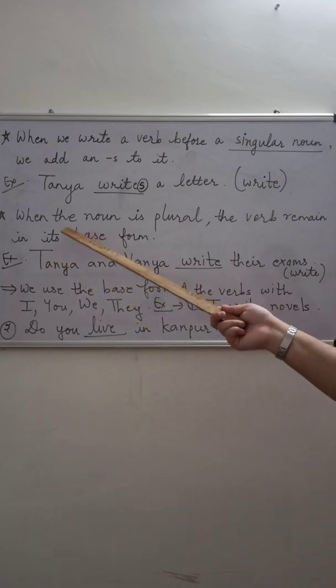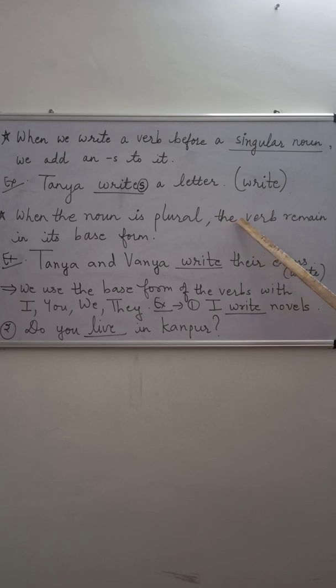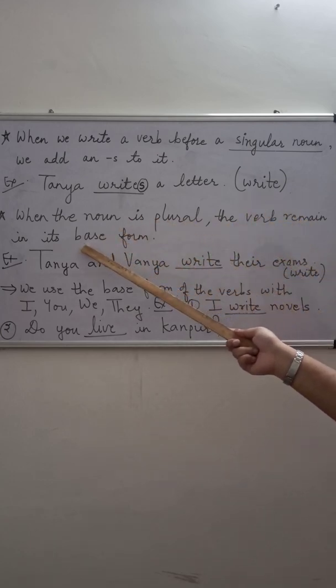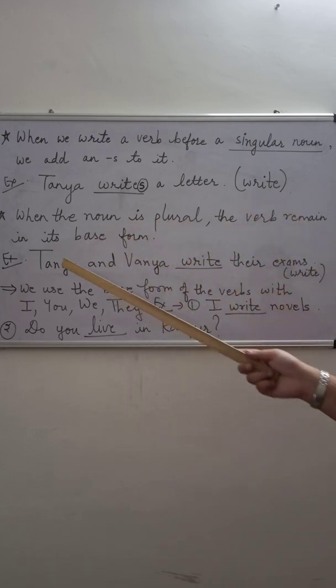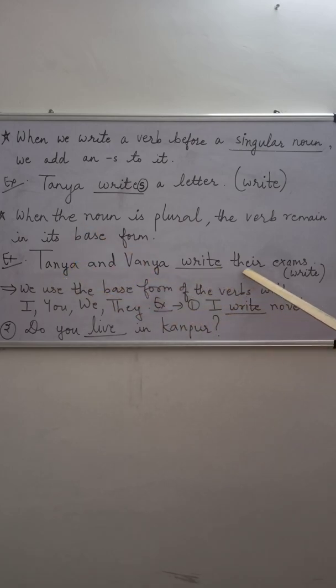Now see second rule. When the noun is plural, the verb remains in its base form. So now see this example. Tanya and Vanya dash their exams. Now here also we have to write the simple present tense form of the verb write.